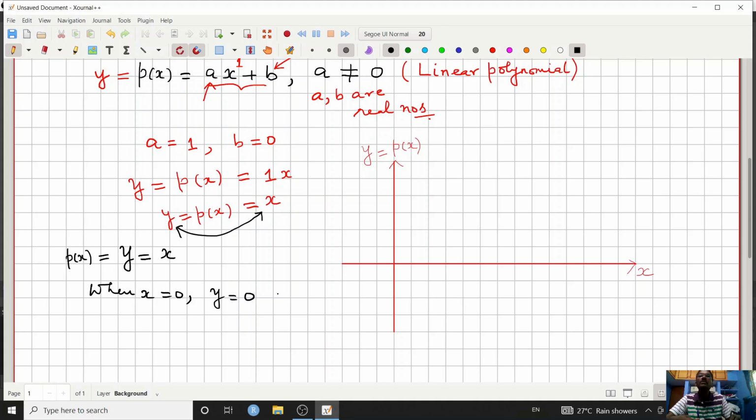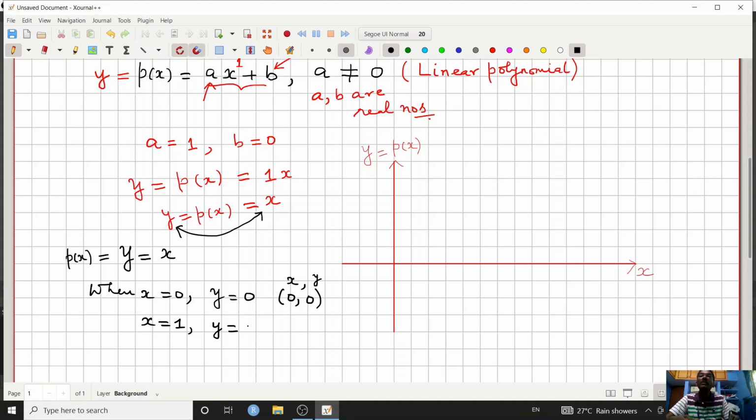So what are the possible values now? x is 0, y is 0. This is the value of x and this is the value of y, a pair of values. When x is equal to 1, when you substitute x is equal to 1 here, y becomes 1.